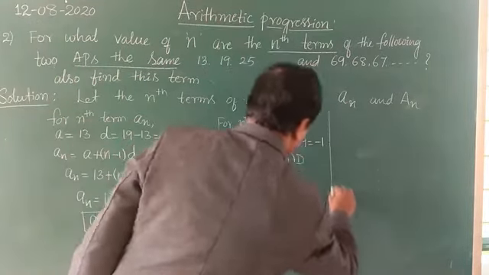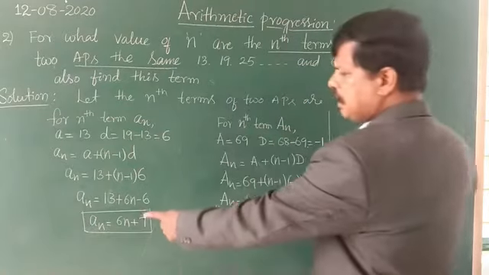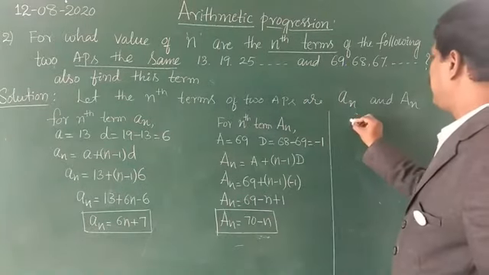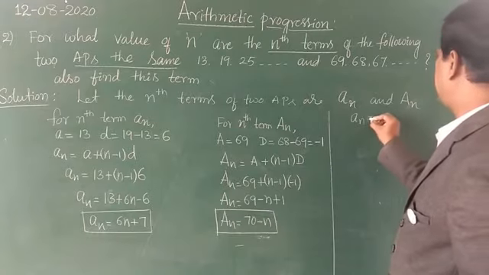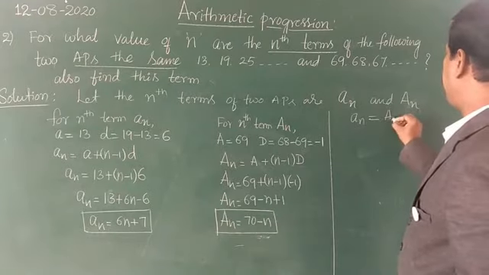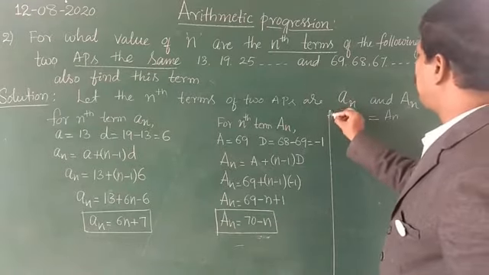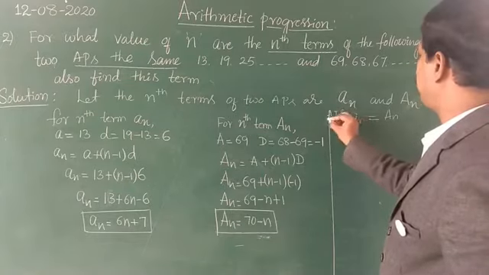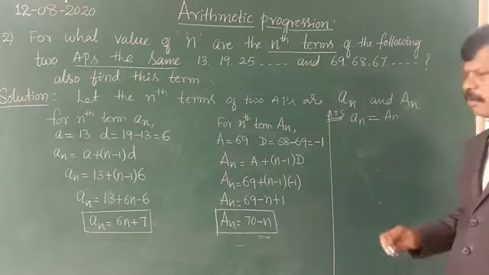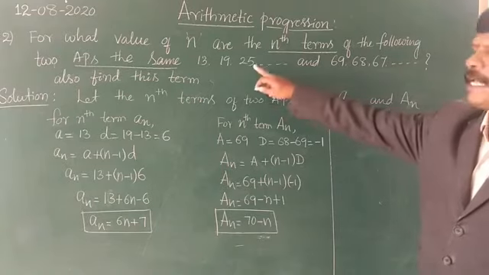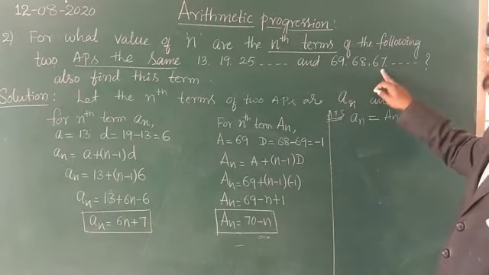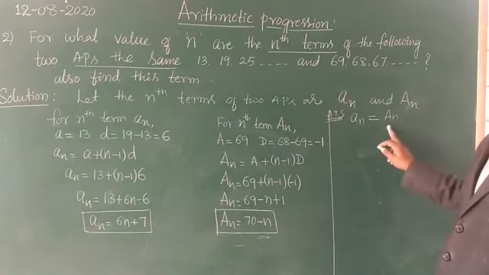So what you can do is now equate these two. an is equal to an. This is according to the statement: the nth term of this AP should be equal to the nth term of this AP.